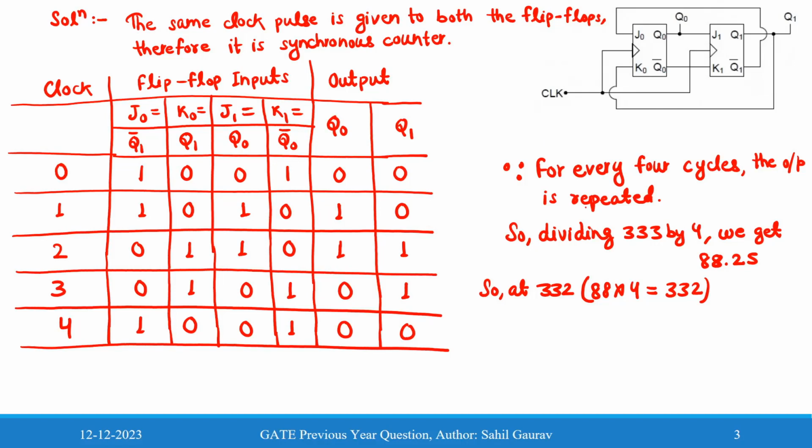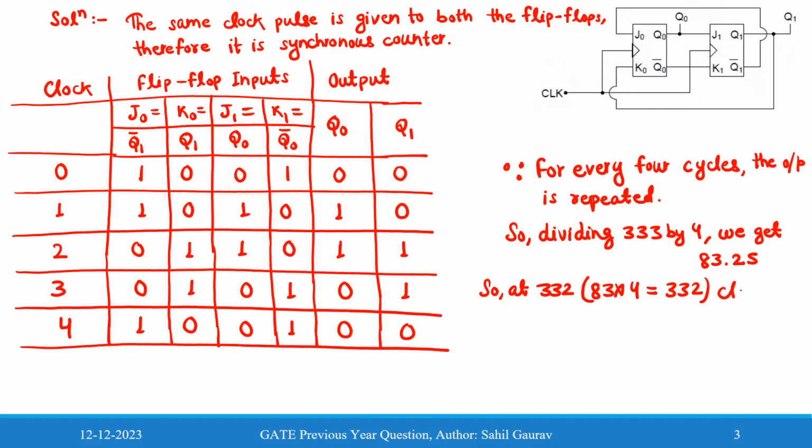So correct, sorry. So it is 83.25 and 83 into 4 will be 332. So it is 83 cross 4 into 332.